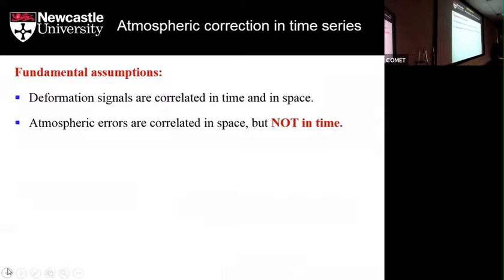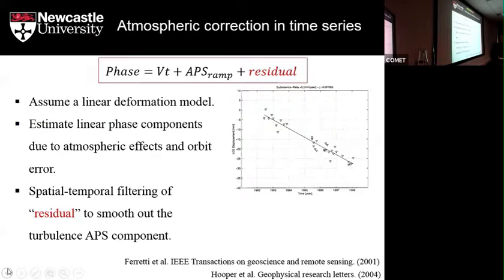This is a very simple time series analysis model, which assumes a linear velocity deformation model, and this parameter is the APS, which means the atmospheric error, and the orbital ramps in linear component of the atmospheric error.